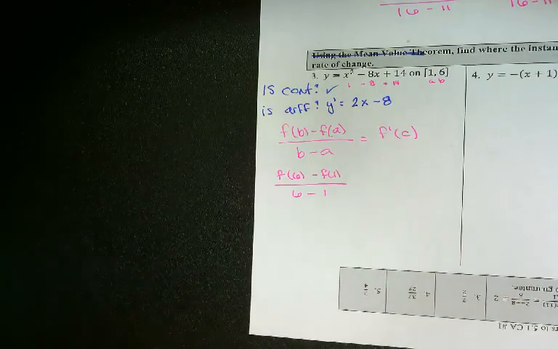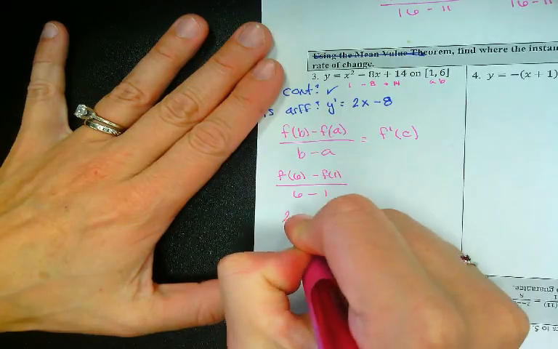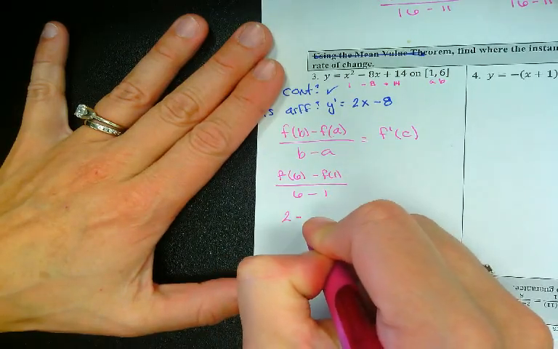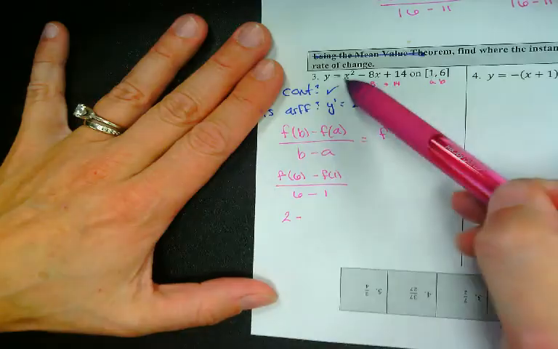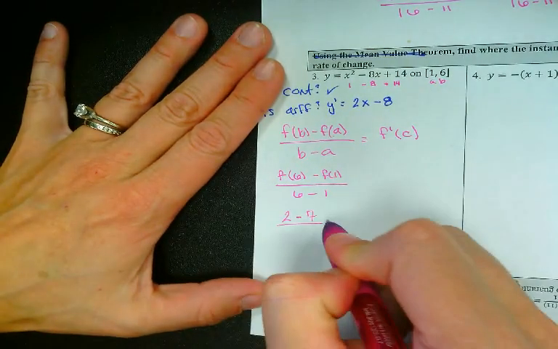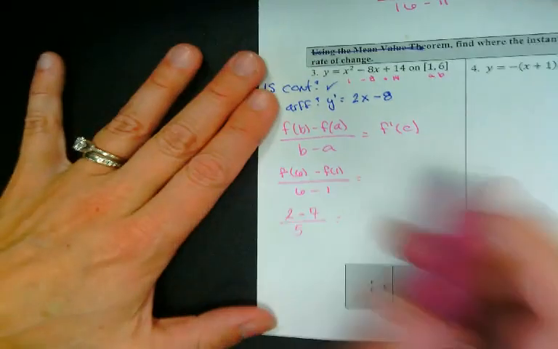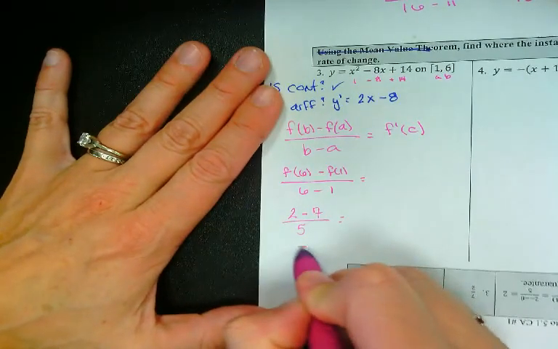What are we getting for 6? 2? I already forgot what I got. 1 minus 8 is, I got 7, all over 6 minus 1 is 5. So what is that? Negative 5 over 5. Are we getting negative 1 for the average rate of change?